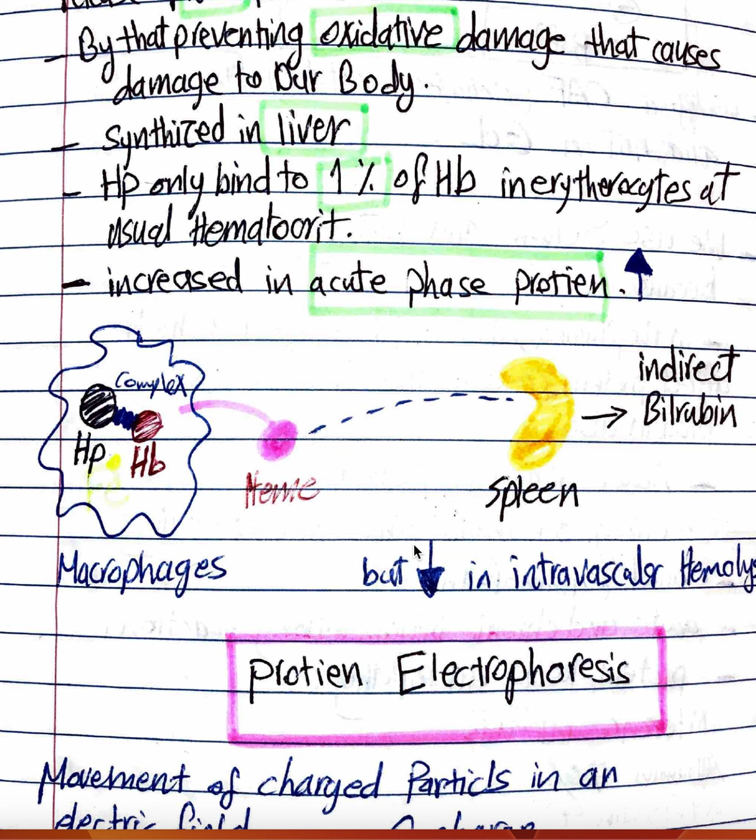I'm talking about hemolytic anemia, and we know that in hemolytic anemia, both types happen: intravascular hemolysis and extravascular hemolysis. In intravascular hemolysis, because the macrophages are present, they directly take this complex and eat it, so that leads to a decrease of haptoglobin in the blood.